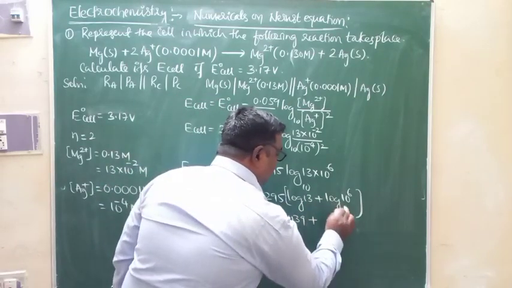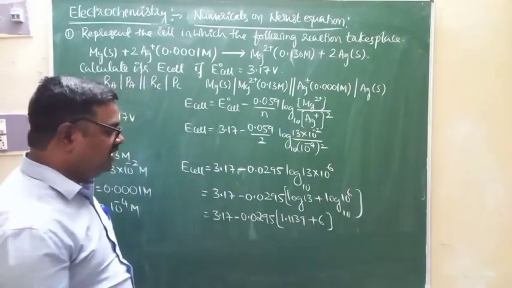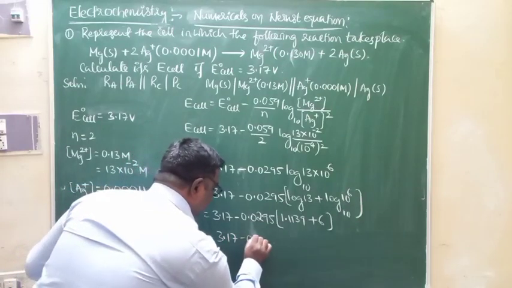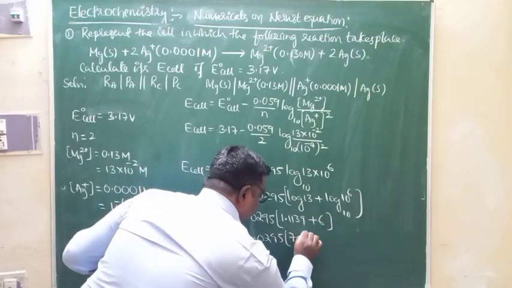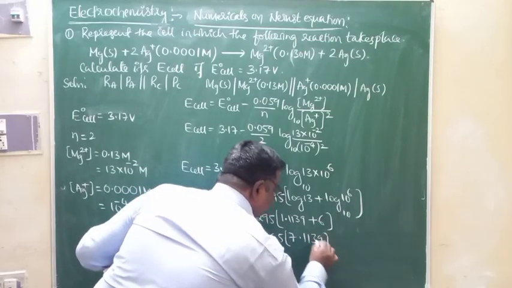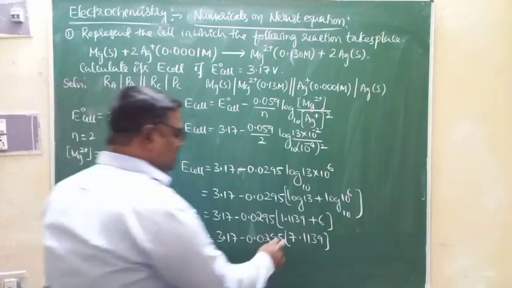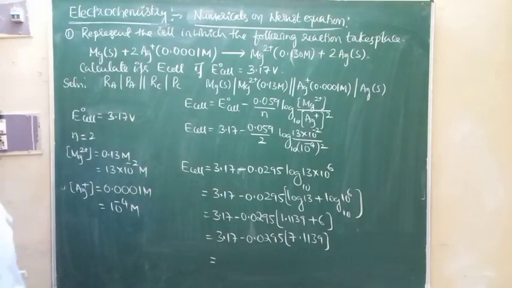Plus log of 10 to the power 6, which is 6. So this is 3.17 minus 0.0295 times 7.1139, since 6 plus 1.1139 is 7.1139. Simplify, that is the answer.